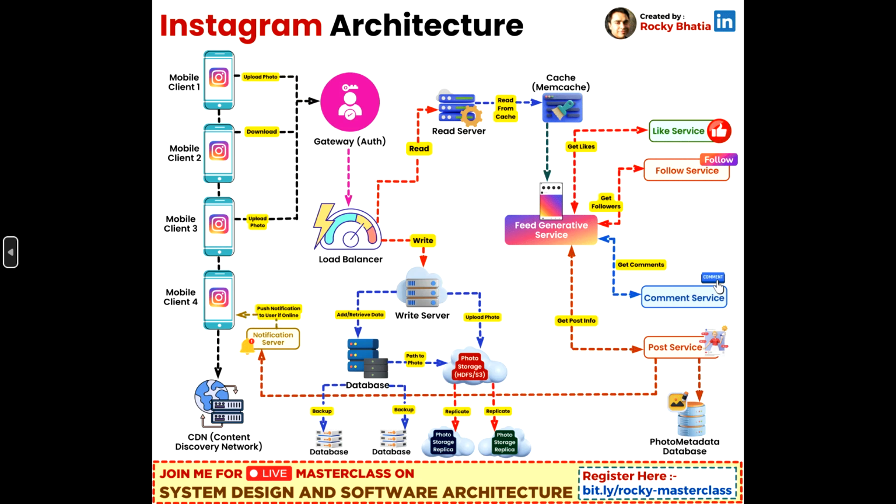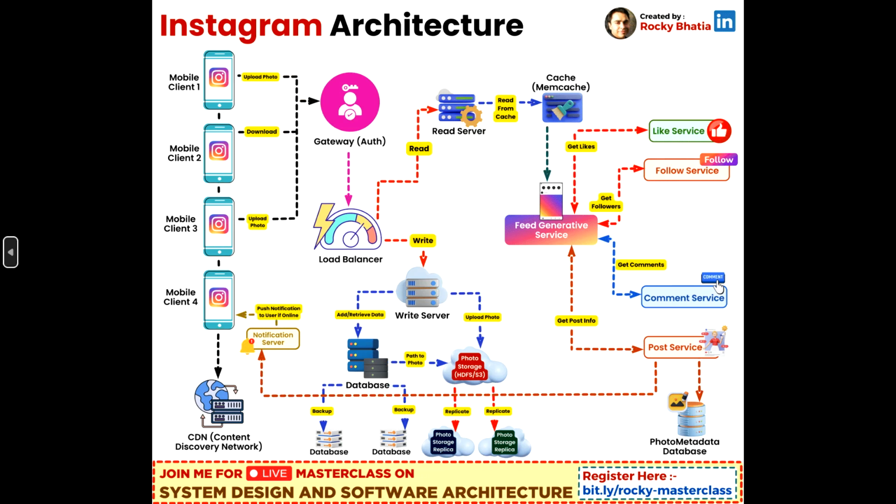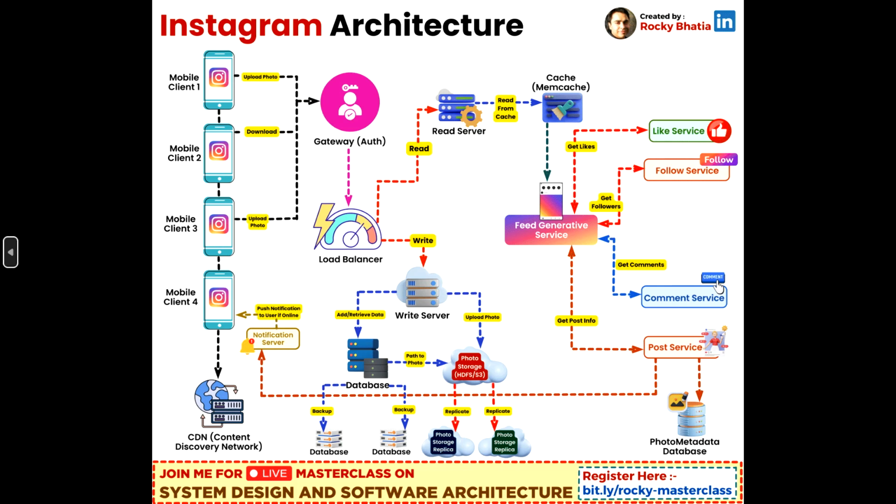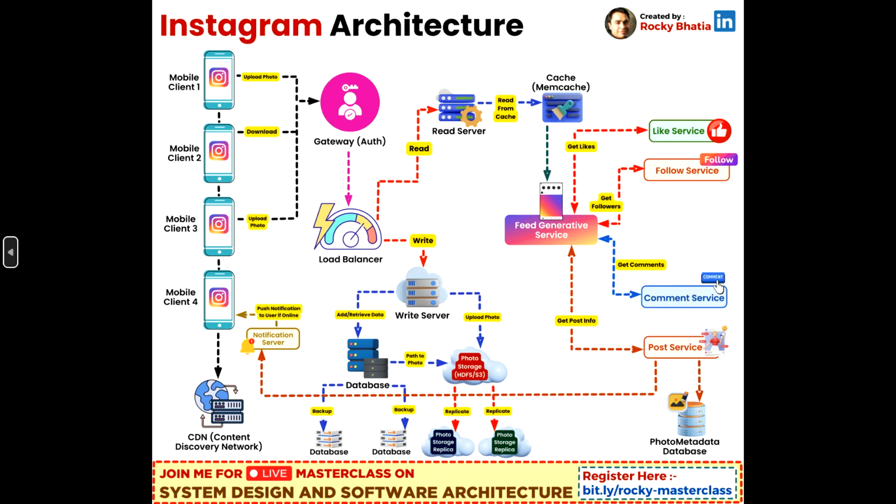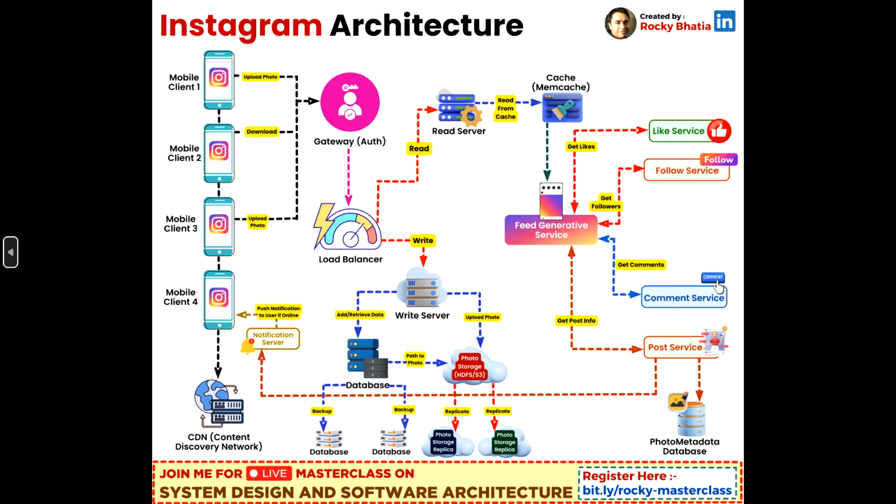Now coming from the load balancer to the write operations. In the write operations we have a write server. The read server was there; here we have a write server where we do operations. One is add or retrieve data, either modifying data, adding some data, or uploading data, because write operations include read, write, upload, modify and all updates.